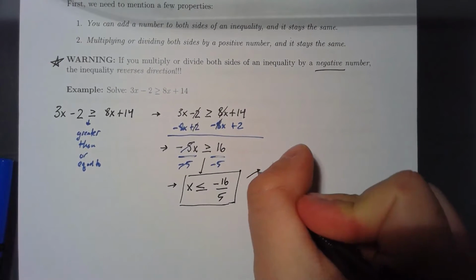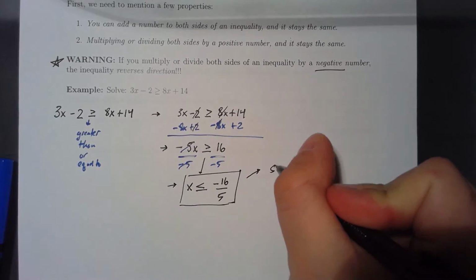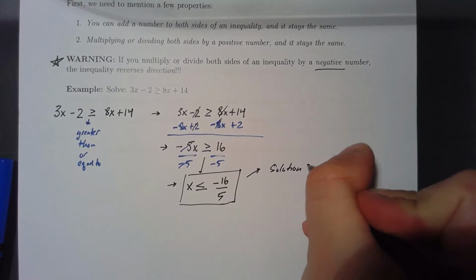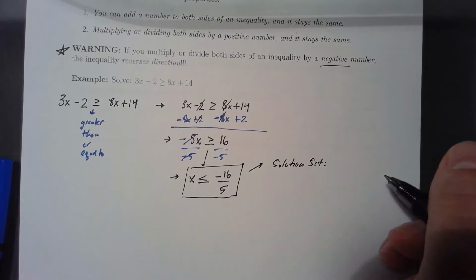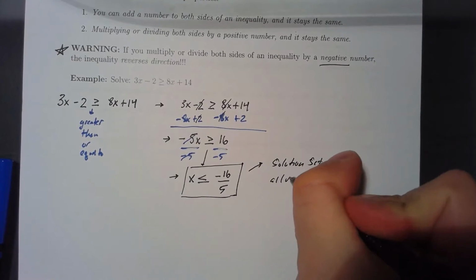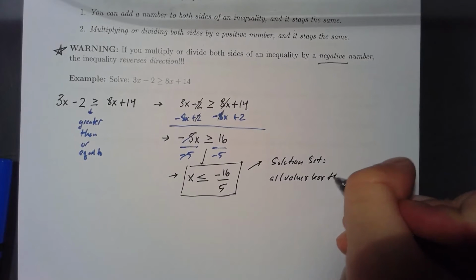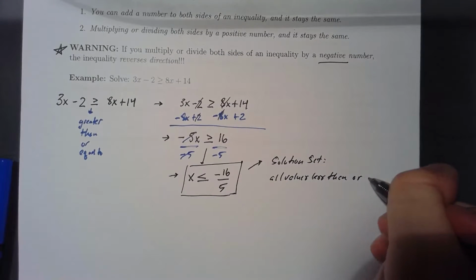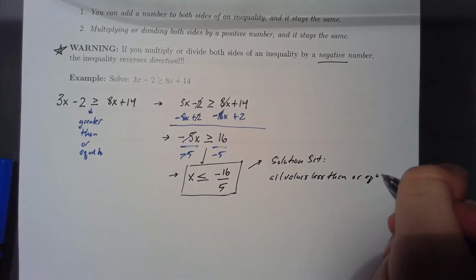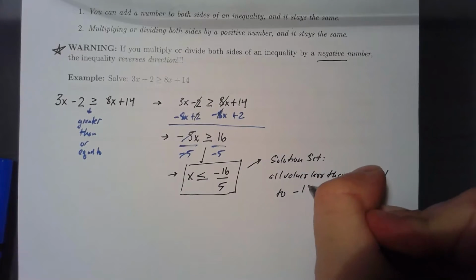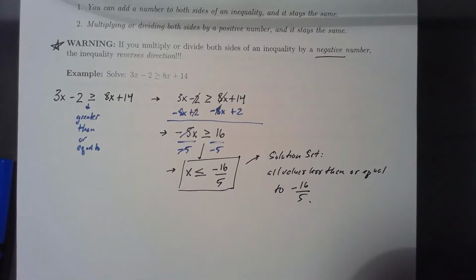So this means that my solution set is all the values less than or equal to negative 16/5.